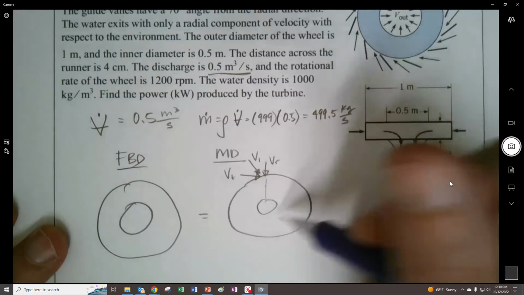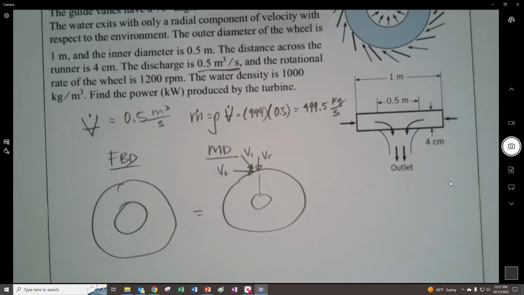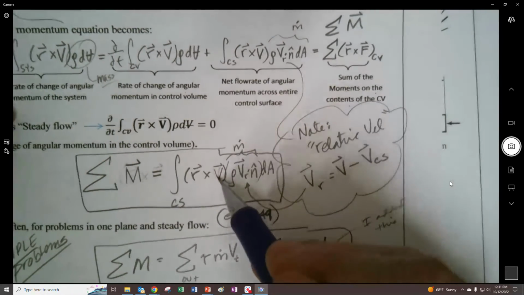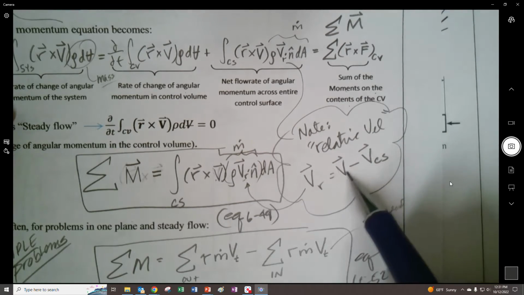Remember, if we go back to where this equation came from, right? This equation actually comes from right up here. We have r crossed with v. This is really the tangential one. And this is really the radial one here, or it could be the relative one, right?